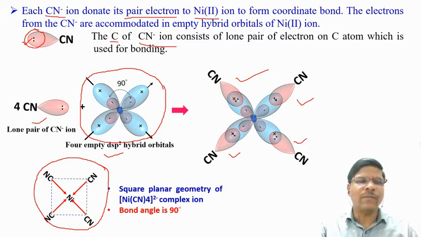So the geometry is square planar, and ultimately the CN-Ni-CN bond angle will be 90 degrees. So we have dsp2 hybridization. An example is the nickel cyanide complex, that is, the tetracyanonickel 2 complex, and the central nickel ion is in dsp2 hybridization.